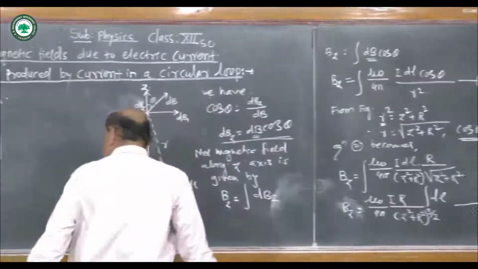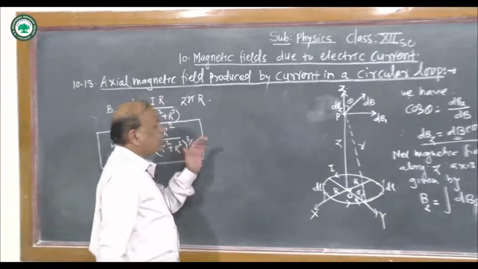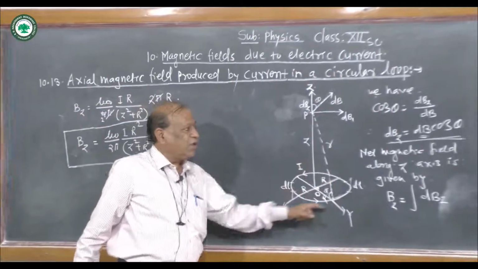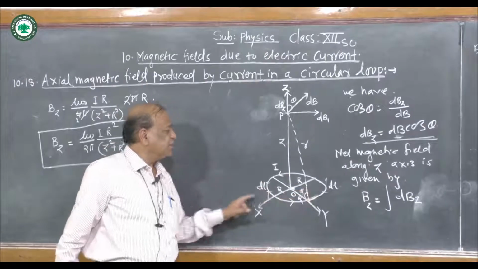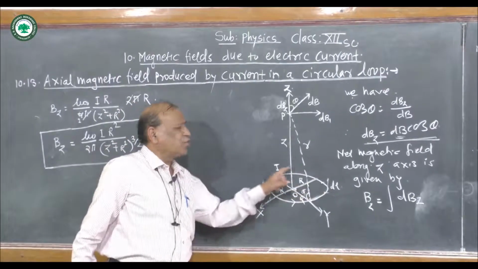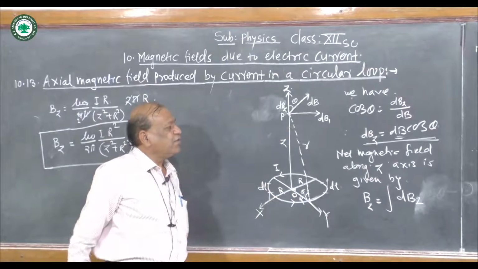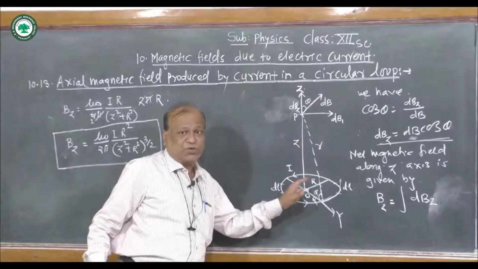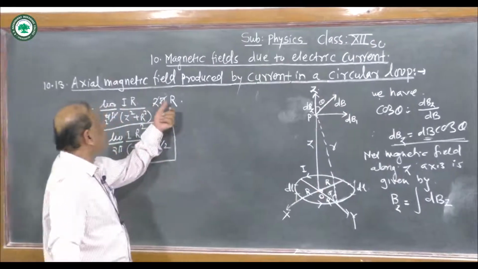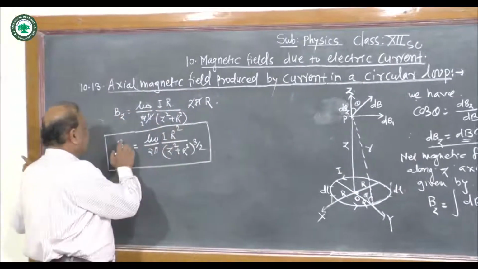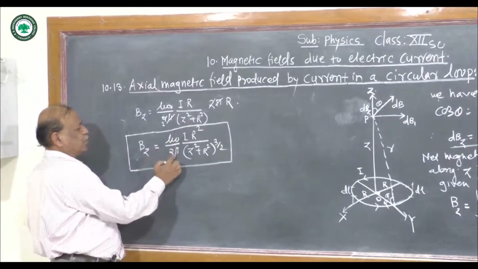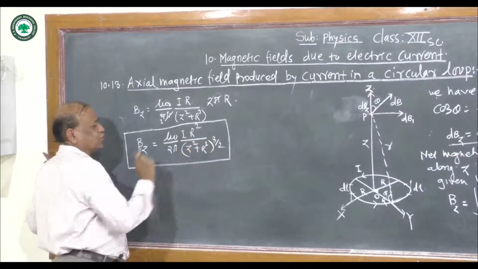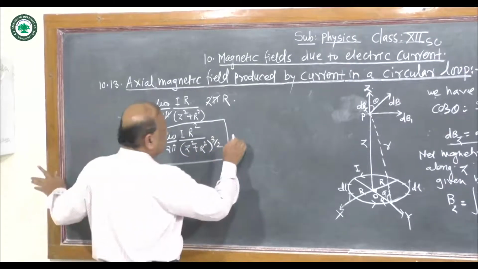And now the total integration of dl is the number of dl elements that form this circular loop, and the value of integration of dl is the circumference of this circular loop, and that circumference is 2 pi r here. Putting this value, we get the equation Bz is equal to mu 0 upon 2 pi I r square divided by z square plus r square raised to 3 by 2. This is the equation number 4.